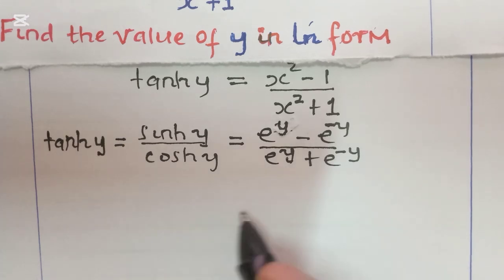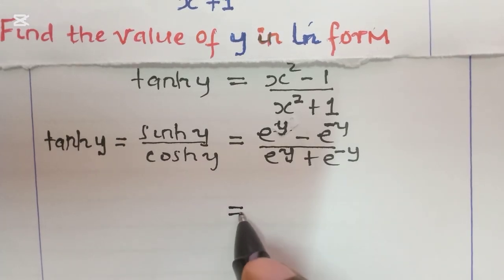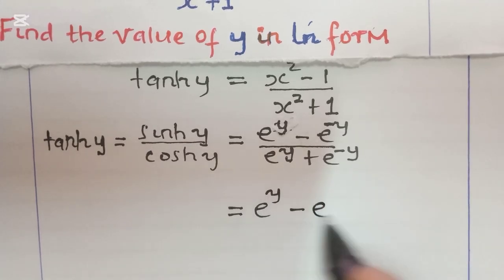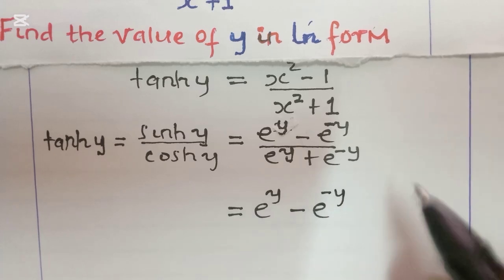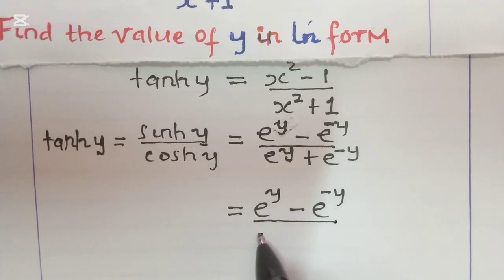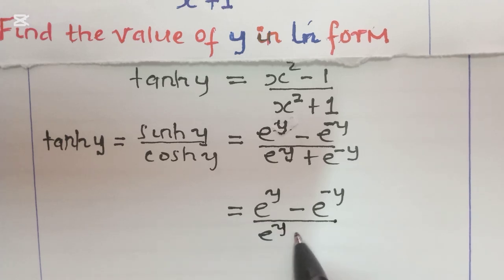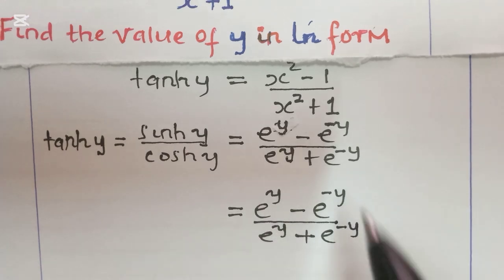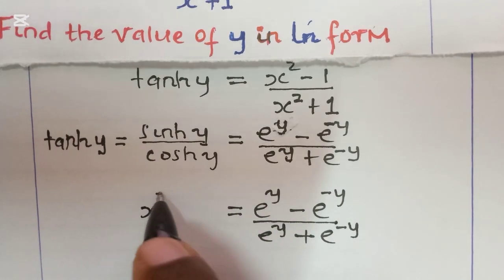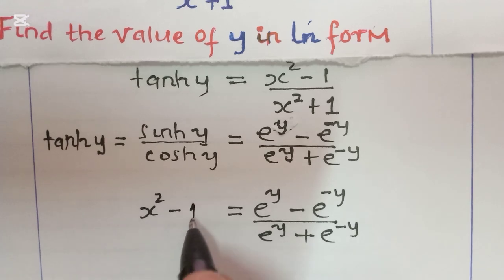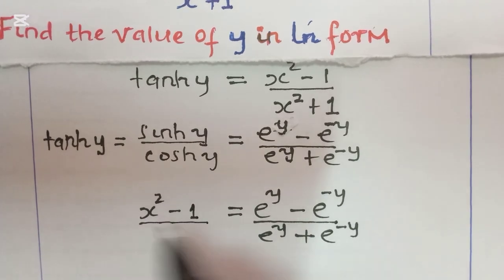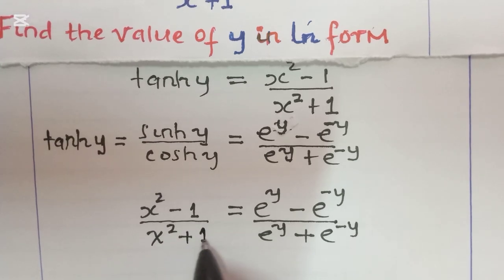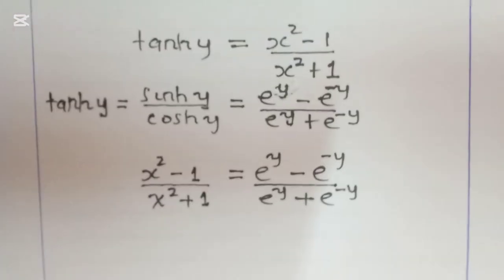We write e raised to y minus e raised to negative y all over e raised to y plus e raised to negative y. That one now gives us x squared minus 1 all over x squared plus 1. So guys, that is what we are going to get.